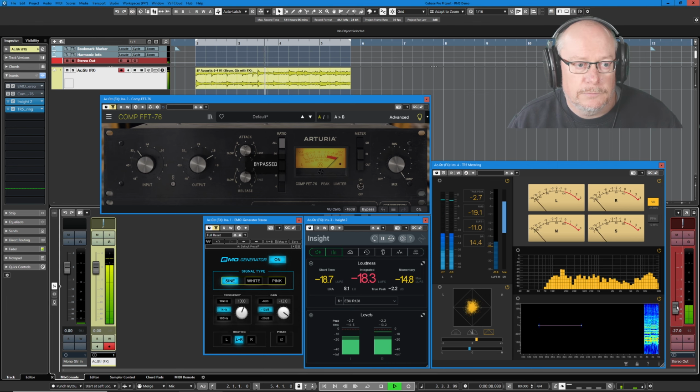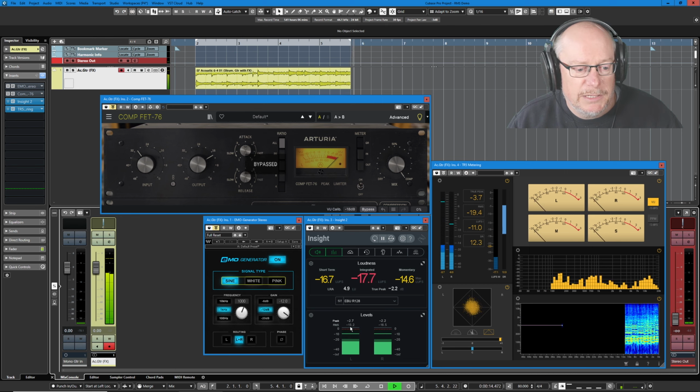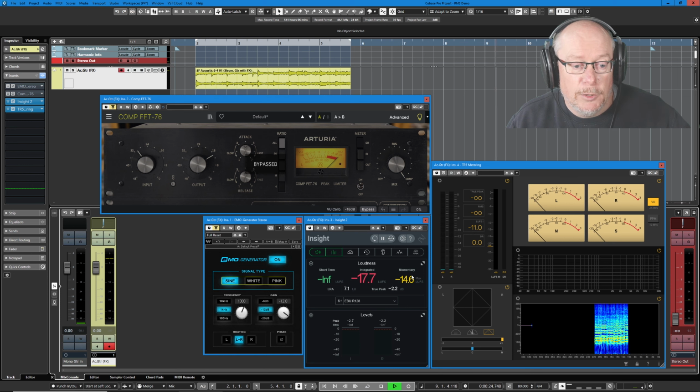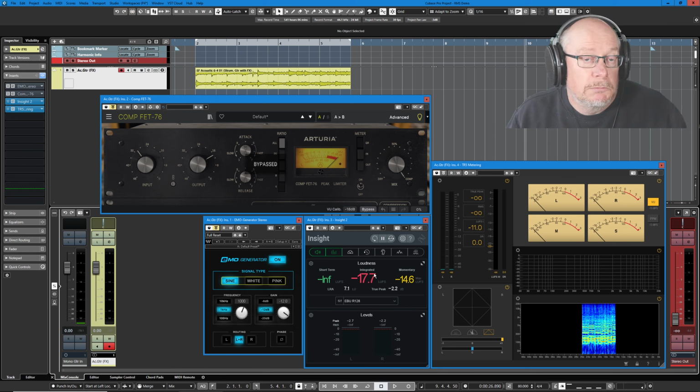Here it is. So we've got an RMS. This is going to tail away, so I'm looking at this one. Minus 13, 14, 15. Got a loudness value of minus 17.7. The momentary peak at minus 14.6. So some numbers, okay? Let's concentrate on the loudness value of minus 17.7.